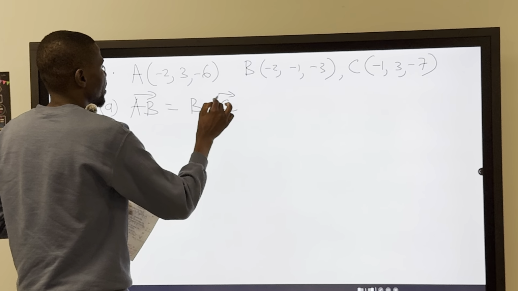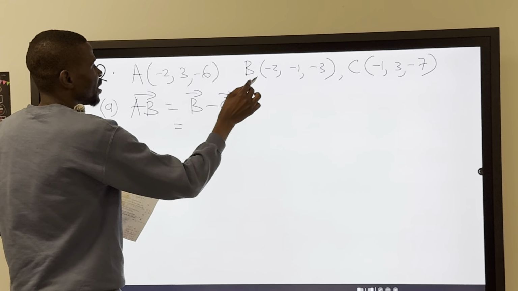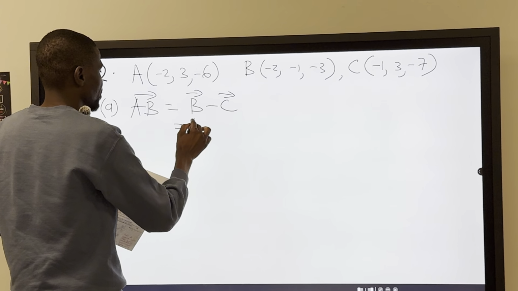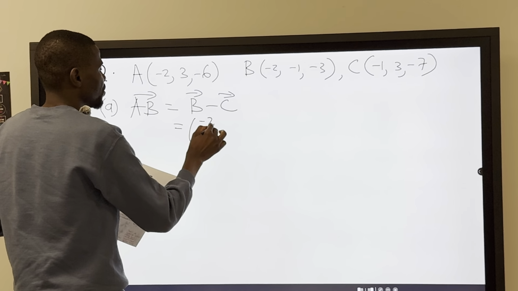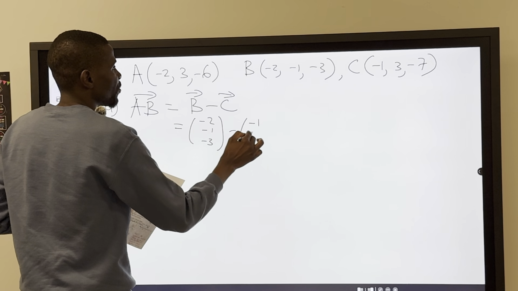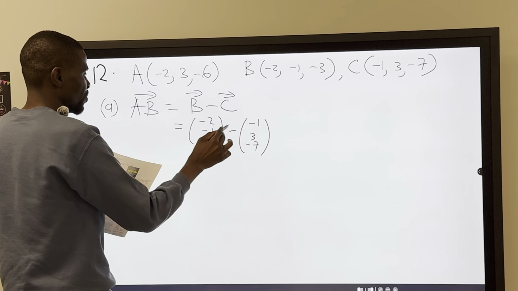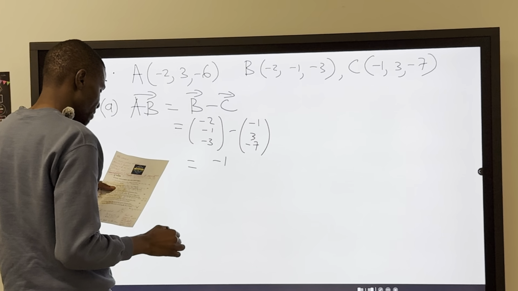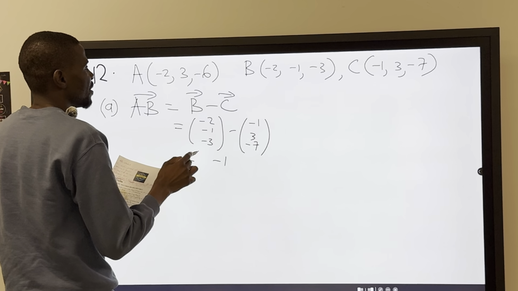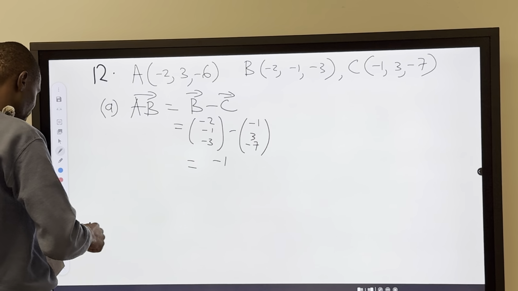So here it was B minus A. So it's -2, -1, -3, subtracting -2, 3, -6. Sorry, it's A and B. I don't know why I wrote C there.